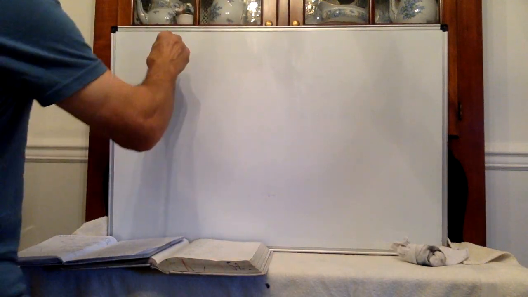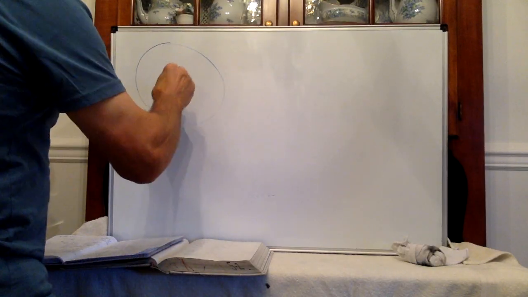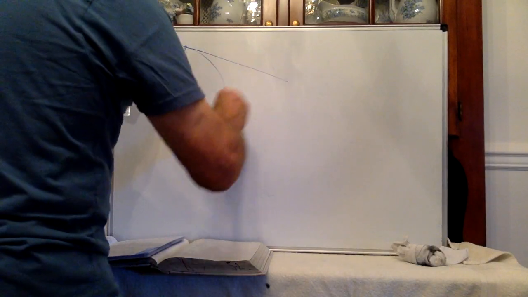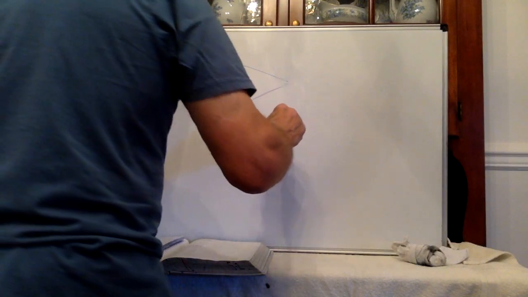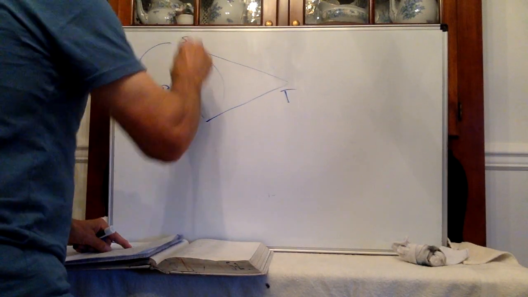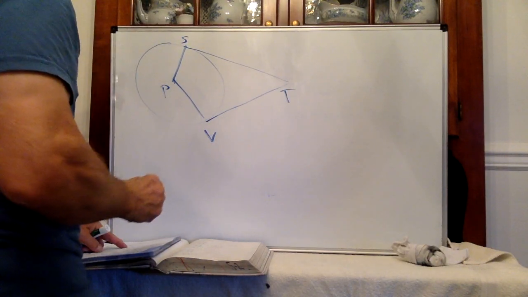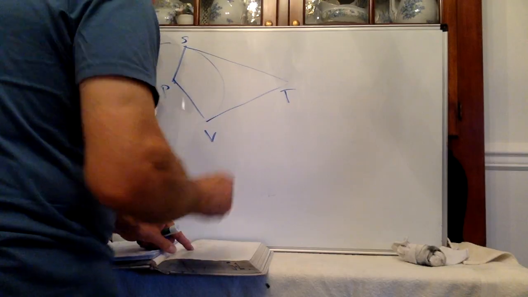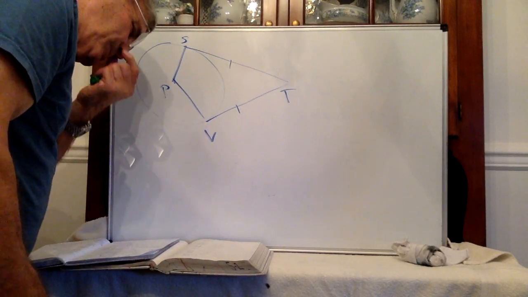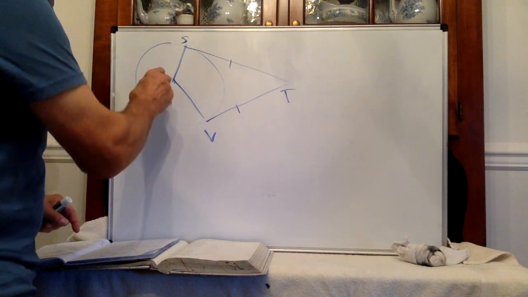Number 10, again, you're given a circle. So you're given circle P, and you were told that ST is congruent to VT, and you were asked to prove that angle PST is congruent to angle PVT.